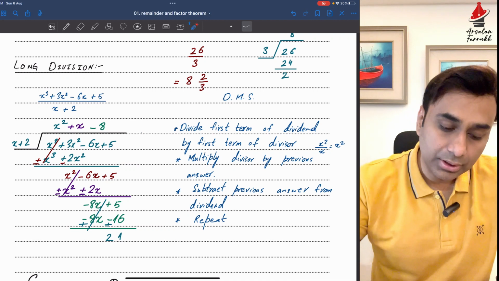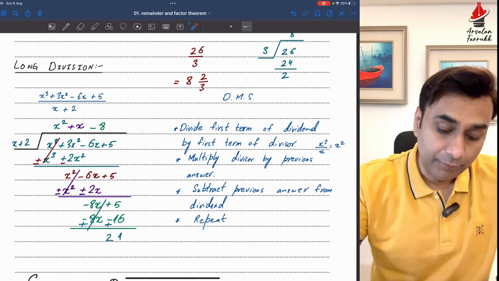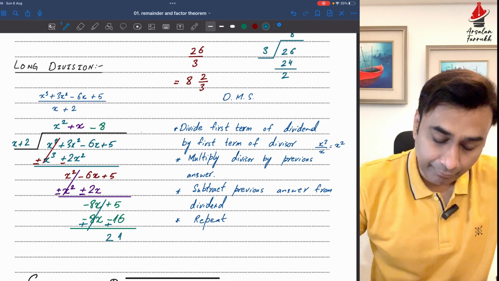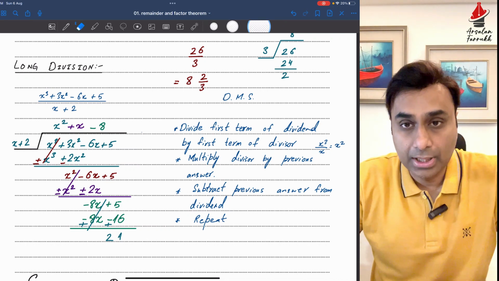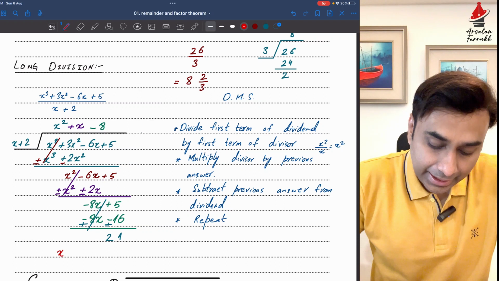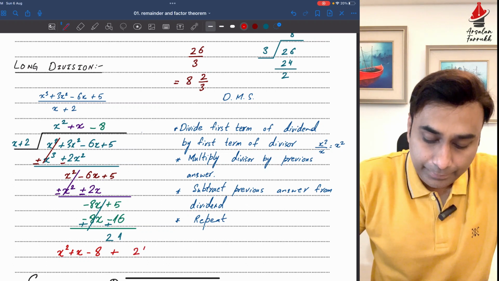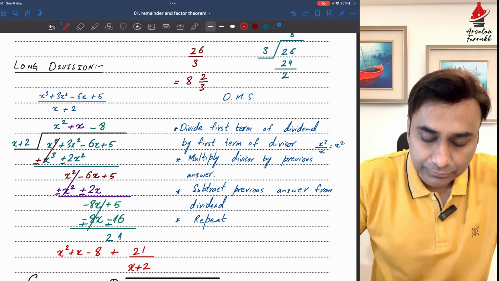And once you are done with the process of division, what you're going to do now is rewrite your answer. So now you write down your answer. Your quotient is x squared plus x minus 8 plus 21 divided by x plus 2.